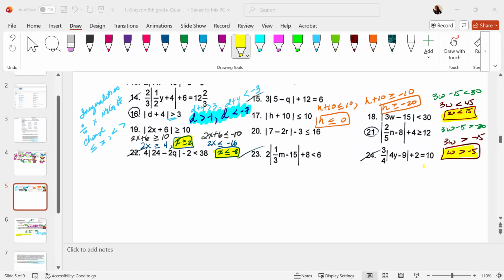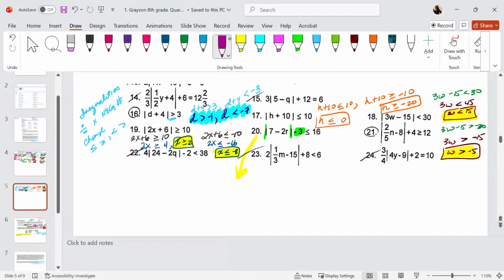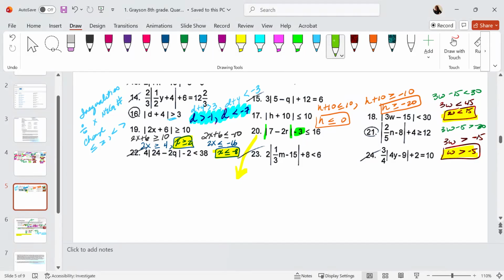Now number 20, I'm going to bring that over here. This one's a little bit different because I don't understand why he didn't cancel this one, but he canceled number 13 and stuff. The negative 3, do you see how that's outside of the absolute value bars? You can't split it until you get rid of all those numbers outside. That's not including the 16 because the 16 is on the other side. So the opposite of a negative 3 is a positive.